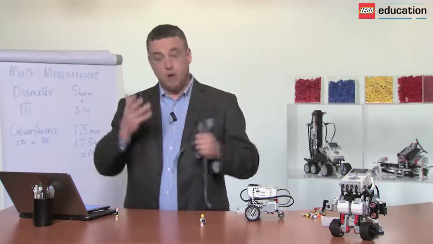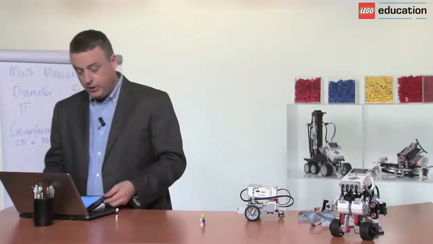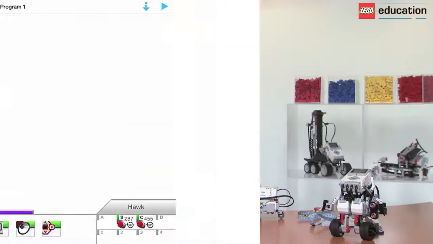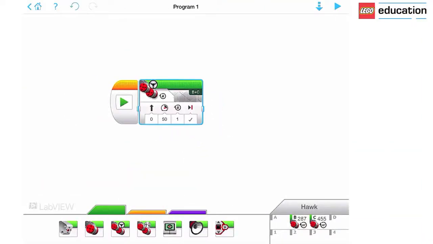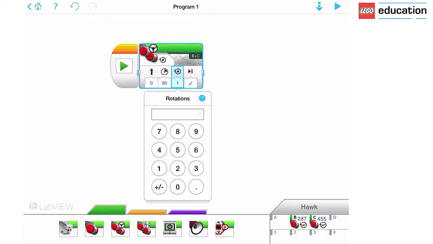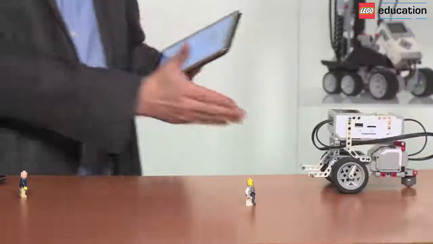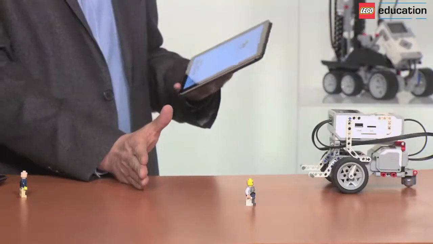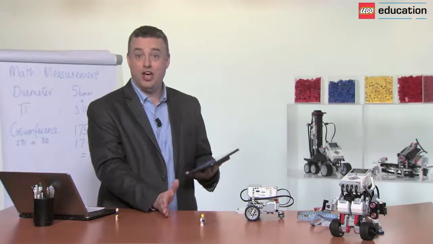So with that knowledge in mind, I'm going to pick up my tablet, and I can put my first programming block in. I'll drag that up, and all I'm changing is the number of rotations from 1 to 2. Now, historically, I do trial and error. We're not going to do that. So our next block is going to be the turn.